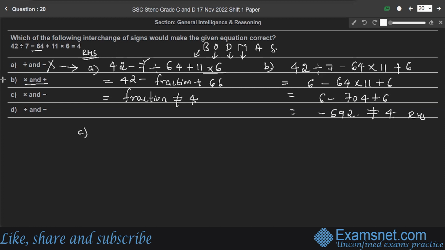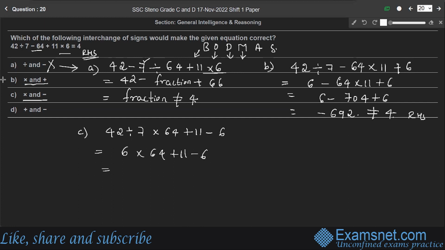Consider option C, if we interchange into and subtraction signs. The equation becomes 42 by 7 into 64 plus 11 minus 6, which should be equal to 4. So we have to check. 42 by 7 is 6, into 64 plus 11 minus 6.